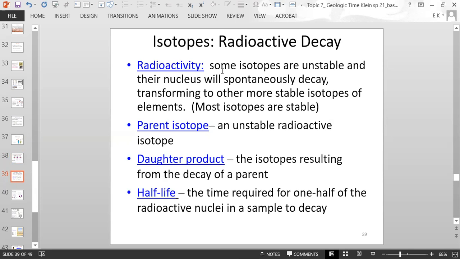The parent isotope is the unstable radioactive isotope. The daughter product is the isotope that results from the parent isotope decaying. The half-life is the time required for 1/2 of the radioactive nuclei in a sample to decay.